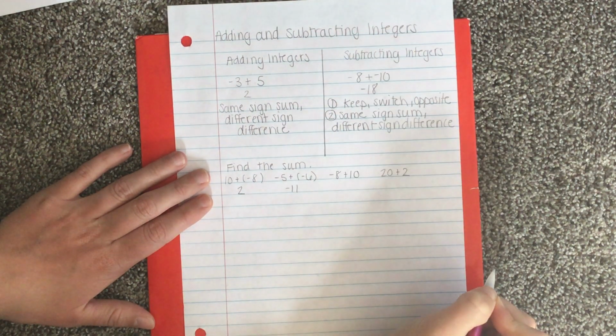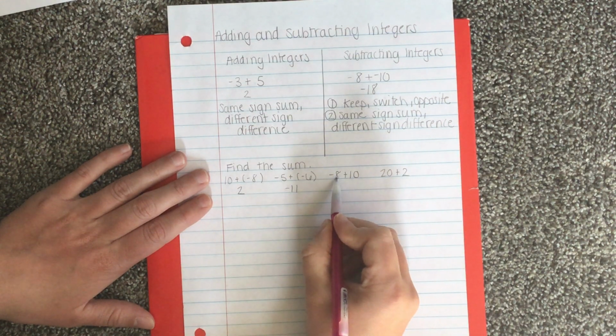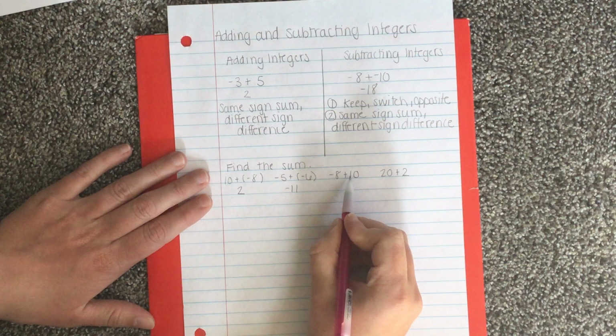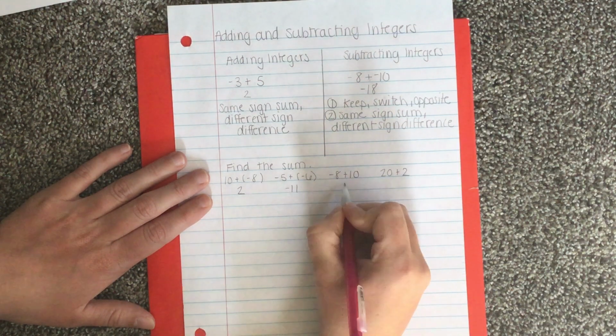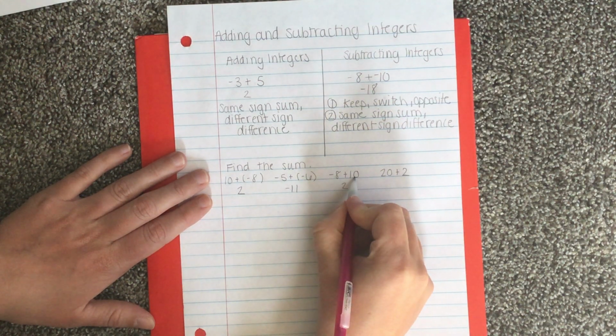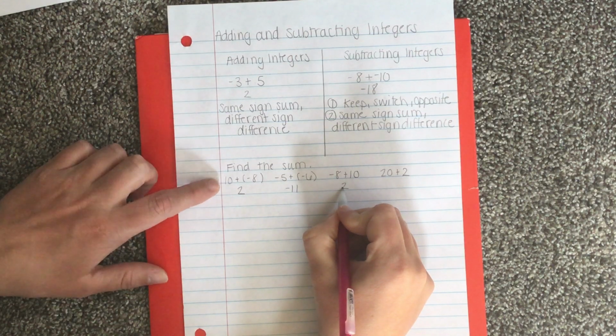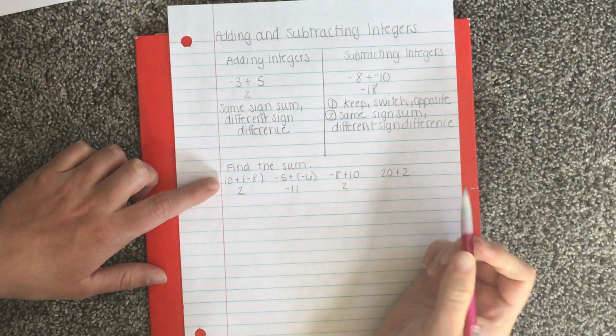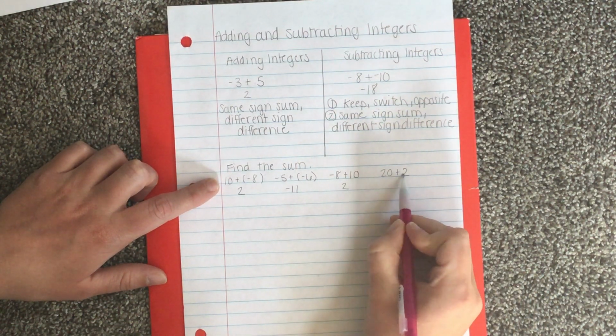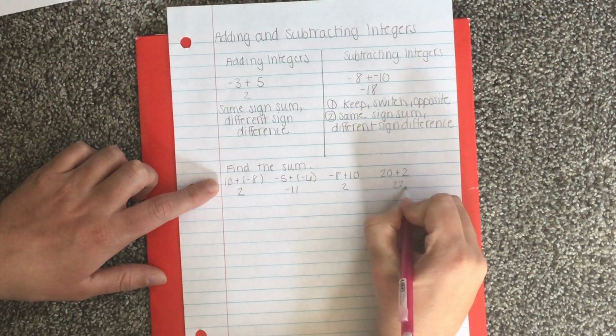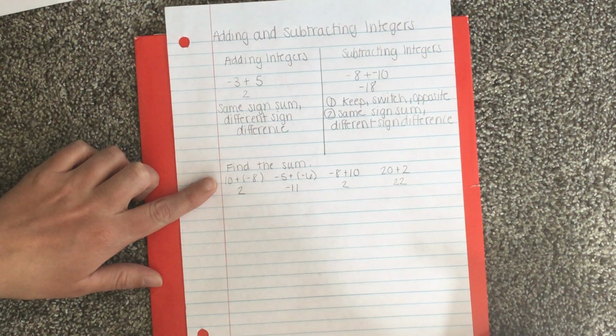They're both negative, so my answer is negative. Different sign difference. 10 minus 8 is 2. This is the larger number. It's positive, so my answer is positive. That looks the same as this one, doesn't it? Here you have the same sign sum. They're both positive, so my answer is positive.